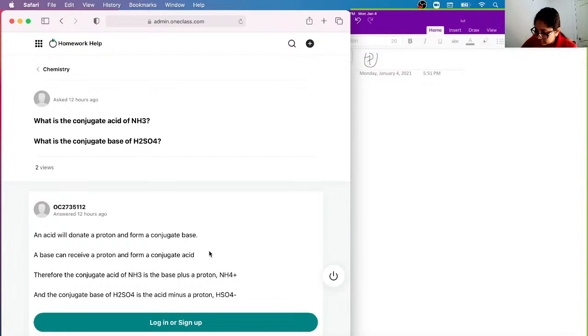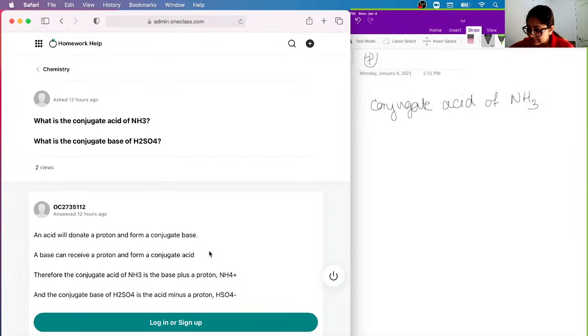So the conjugate acid of ammonia, NH3. Since ammonia is a really weak base, the conjugate acid is pretty neutral.